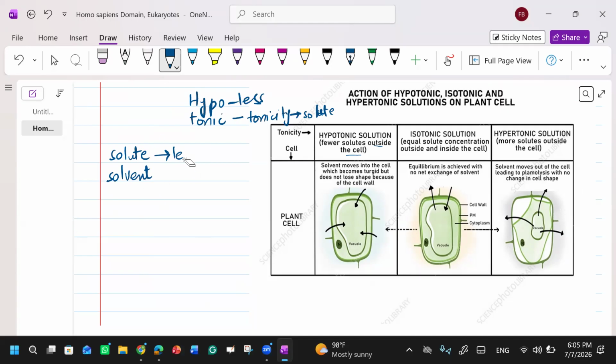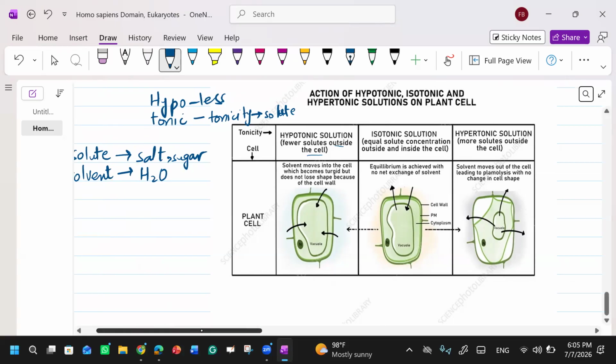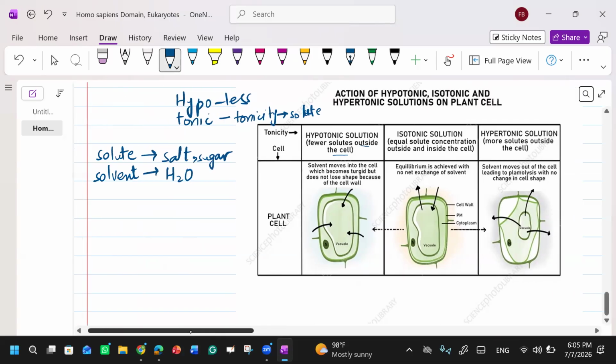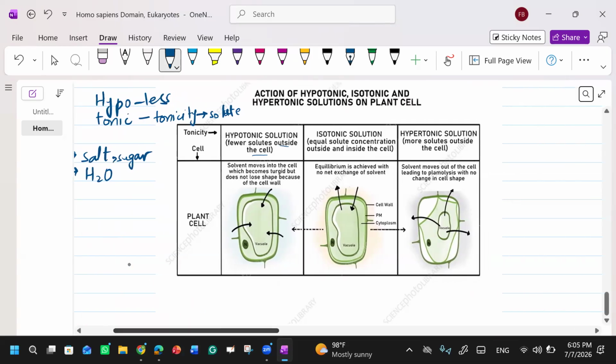Sugar will be solute, just like salt. And water will be solvent. The thing which is present in more abundance is the solvent. Solvent is always in more quantity.